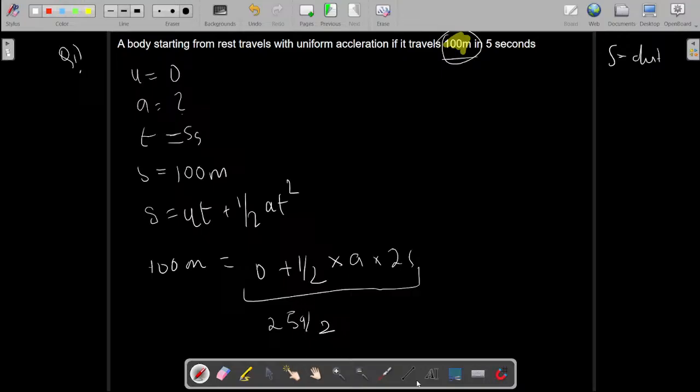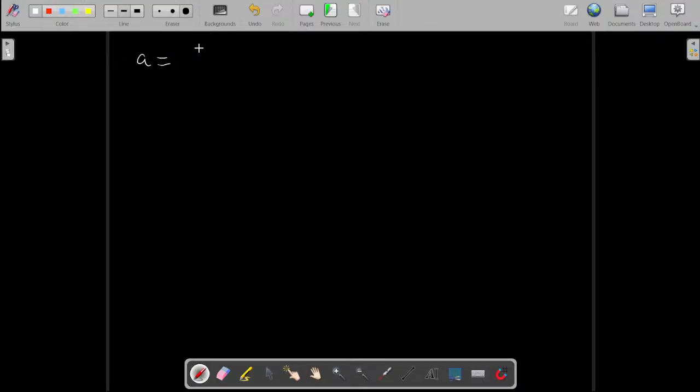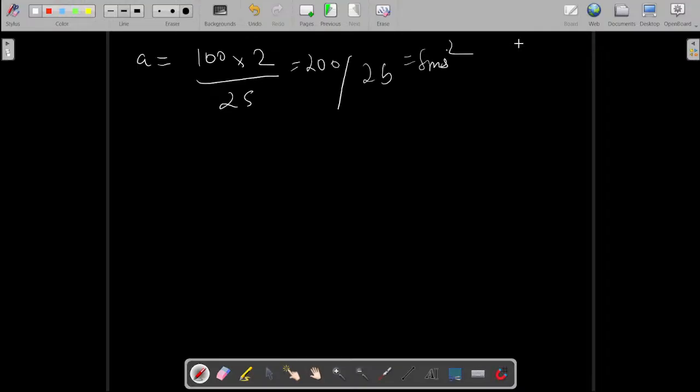So what will A be? A is equal to 100 into 2 by 25. We have to transpose. Then it is equal to 200 by 25 is equal to 8 meter per second, again raised to -2.